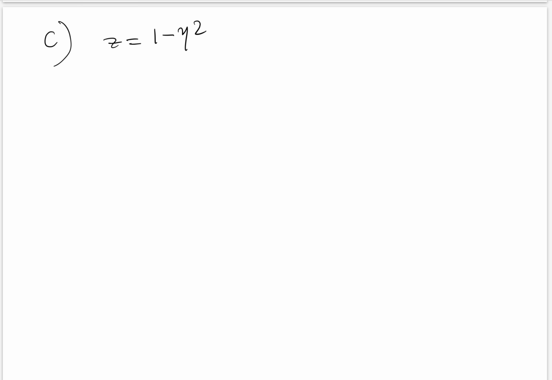So just make sure to tell the difference between the missing variable first, and understand the trace and also the rulings. So here you can tell you have one missing, which is X. X is equal to C, which is a plane, okay?